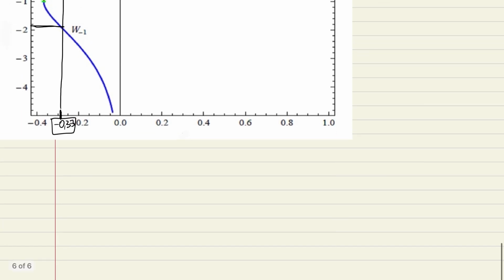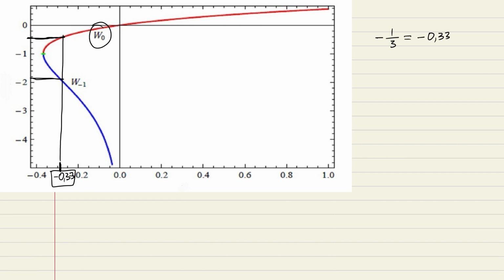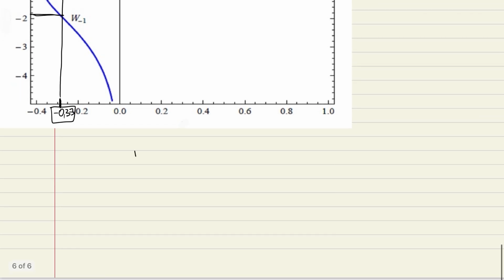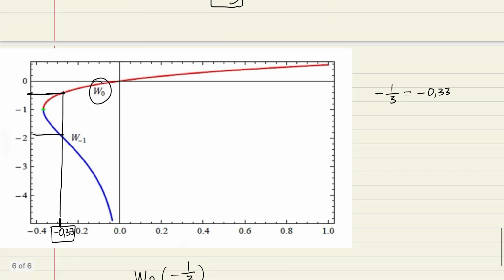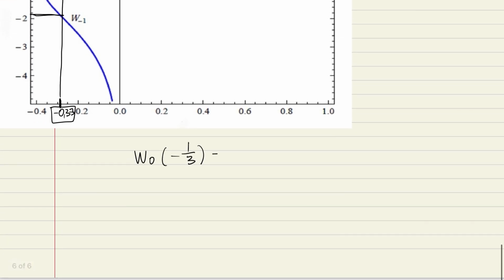For the upper limit, we're going to have W naught of minus 1 over 3. So we've replaced W with W naught because now we have to specify whether we're talking about the upper limit or the lower limit. And that's going to equal minus x.